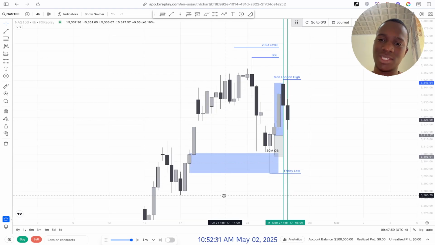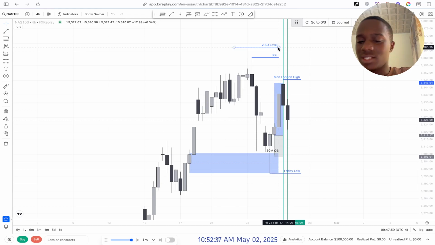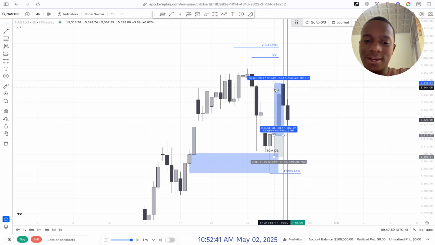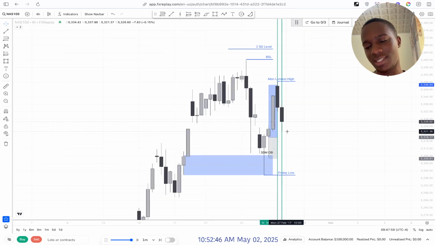So the narrative is basically we're targeting to take out this liquidity level, take out this liquidity level, hence doing certain market conditions such as hitting another block and going higher. So that's how narrative is according to my understanding.